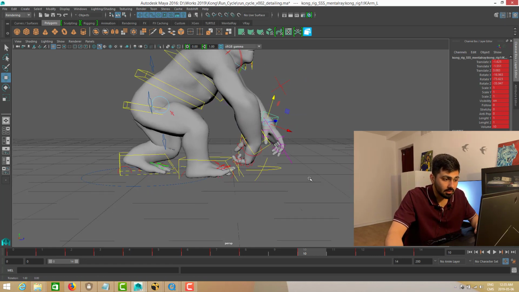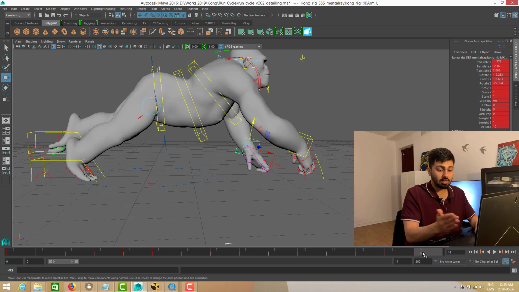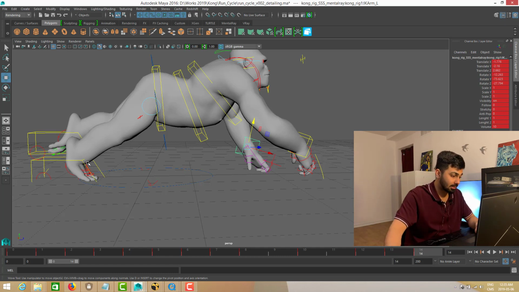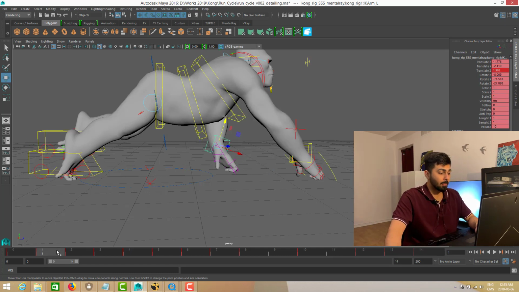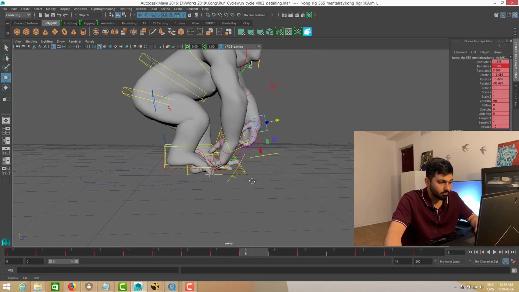So for the hands, the stretching pose is frame 14, and one hand lands right before the stretching pose, on frame 13, and the other hand lands after 1 frame, which is frame 1. If we come back to this side, which is frame 1 here, the same thing is with the feet.